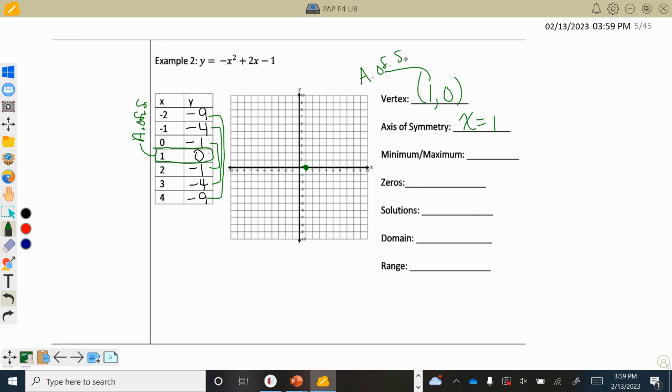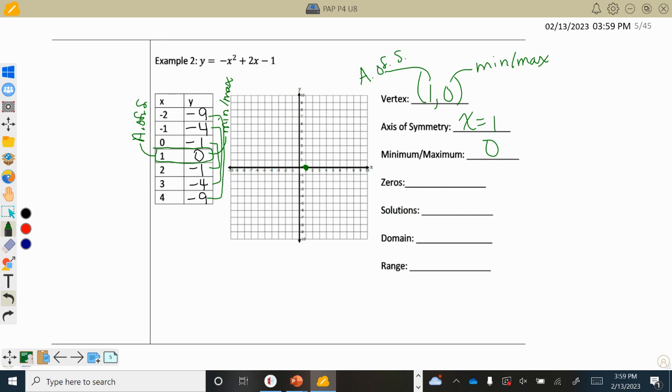And the 0 right here is going to be my minimum or maximum. Okay? And we will decide whether it is a minimum or a maximum here in just a moment. So we know it's going to be 0.